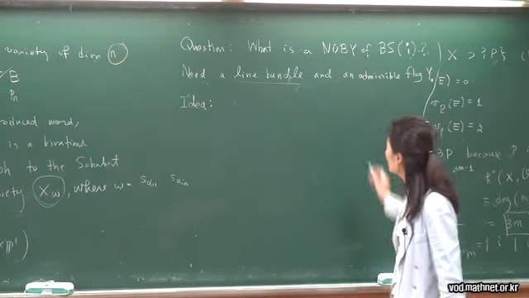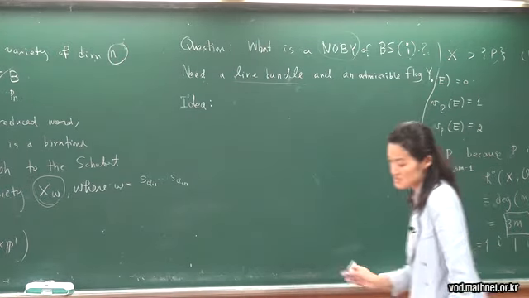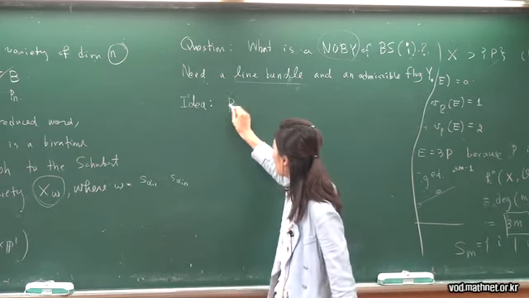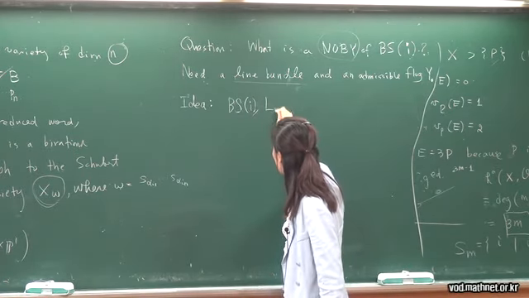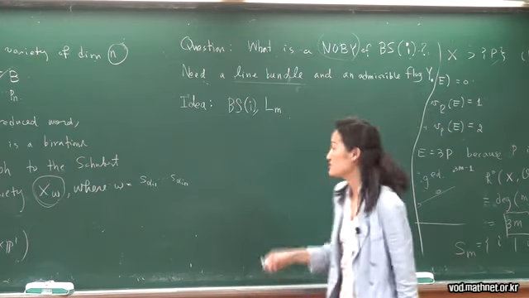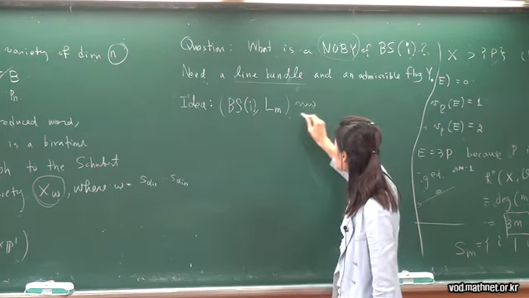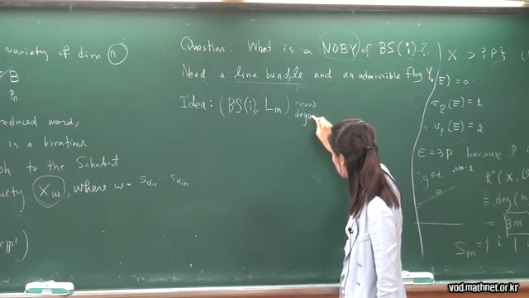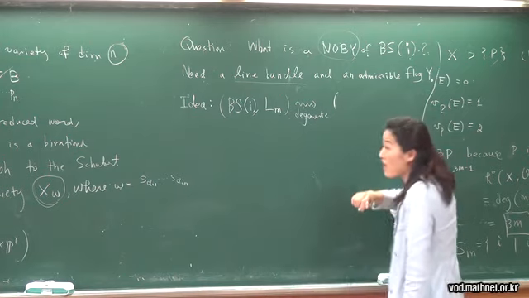Main idea to find out Newton-Okounkov body of Bott-Samelson is as follows. So you have Bott-Samelson variety and a given line bundle. Next time I will tell you what it means. It's a line bundle. And you degenerate this to a certain Bott tower.